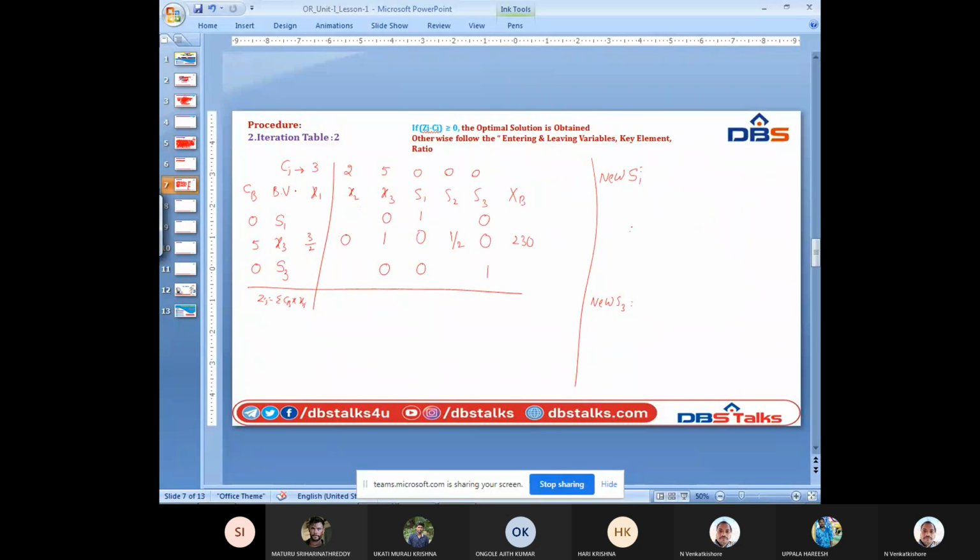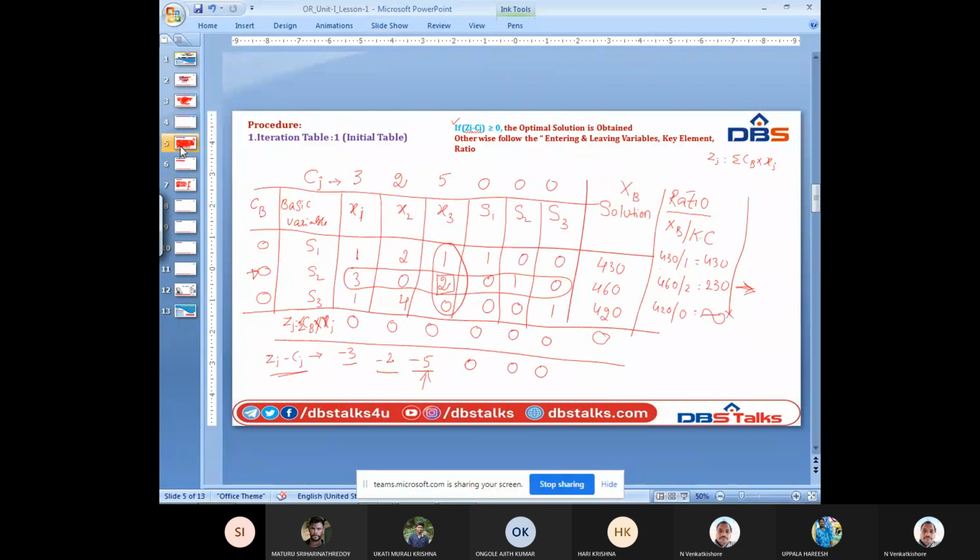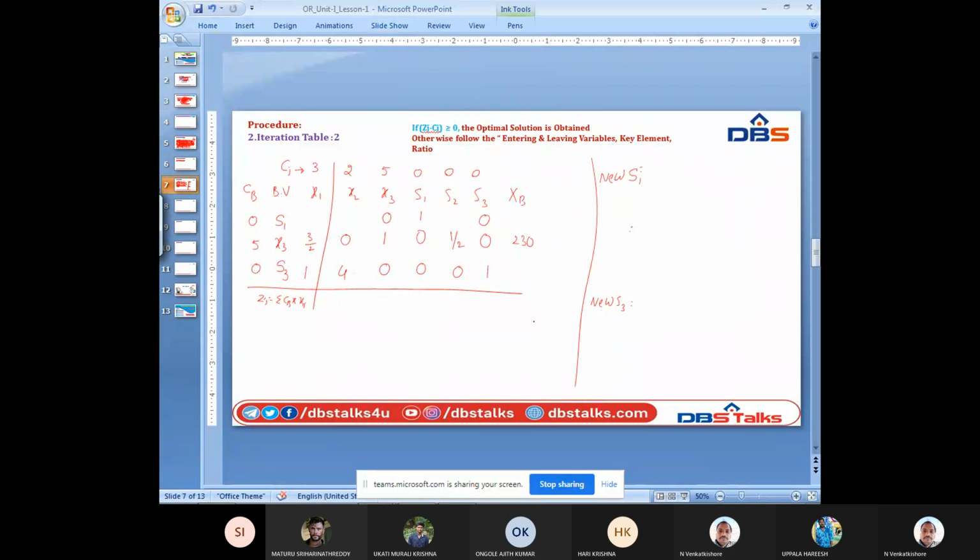The same thing we can write here: 1, 4, 0, 0, 1, and at the same time the values here are 4 2 0.